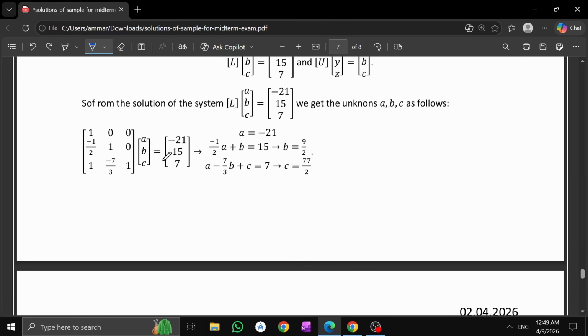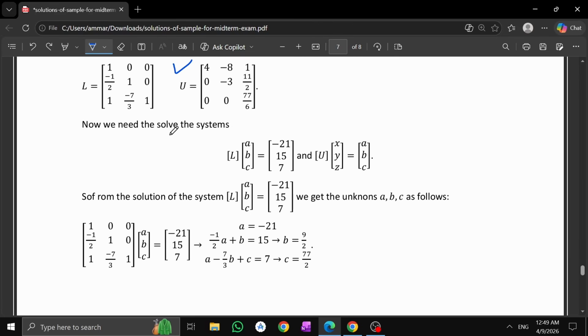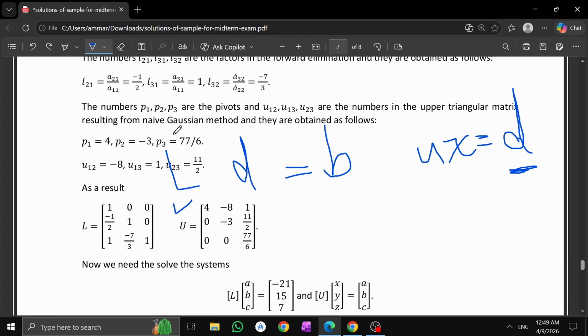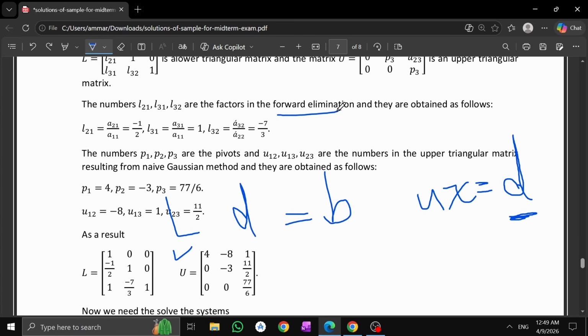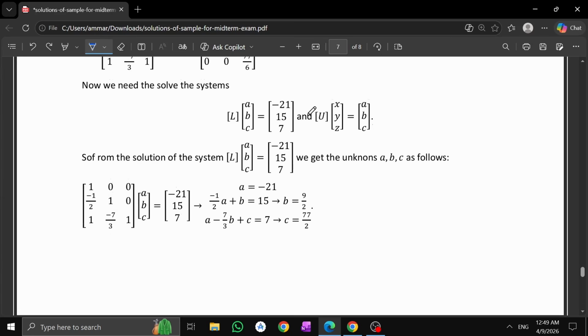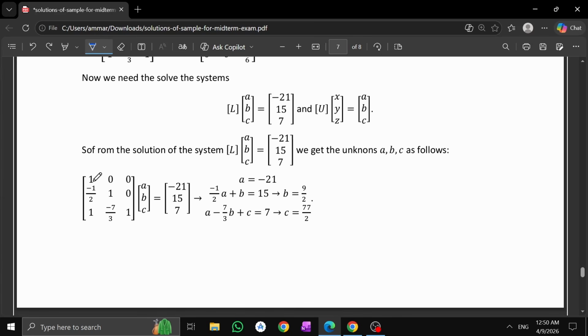Now we can use something called forward substitution. If I say 1a, it's going to be 1a plus 0b, which is 0, plus 0c, which is 0. So 1a is equal to minus 21. So we got the value of a.